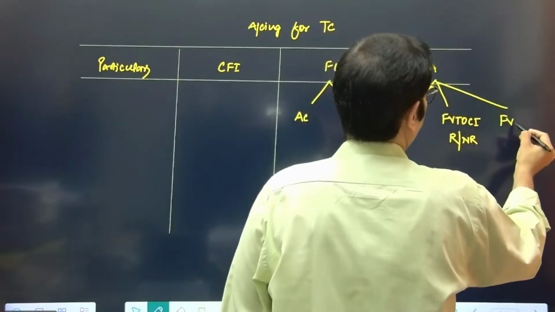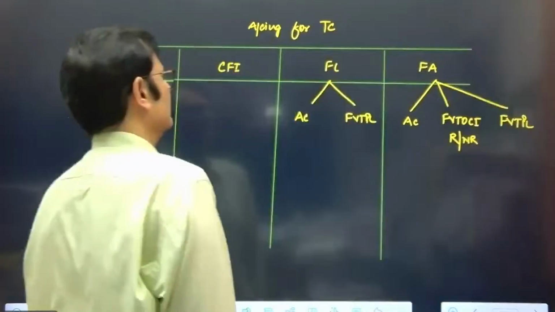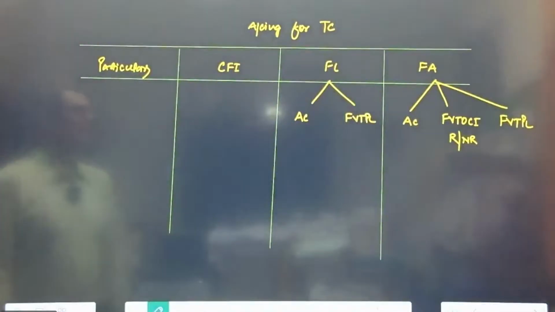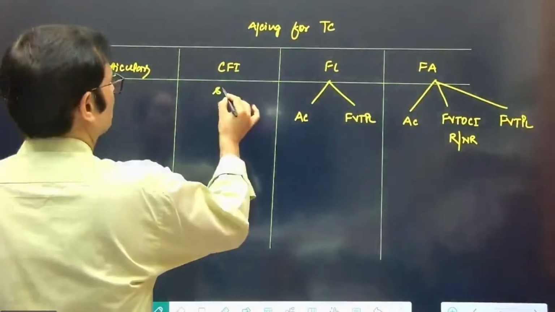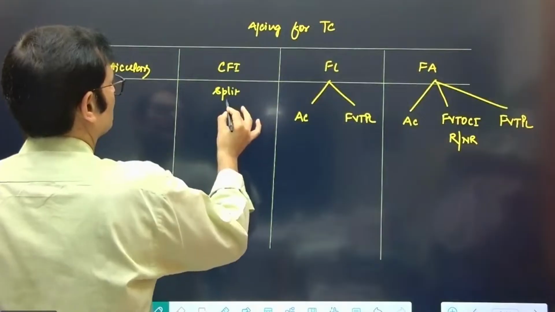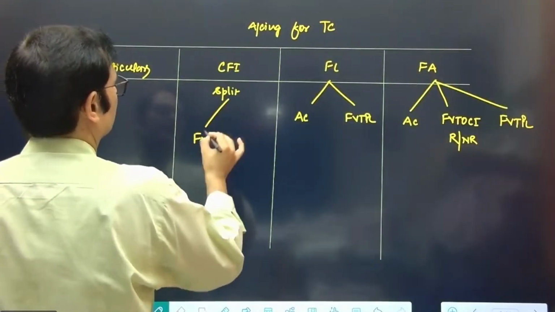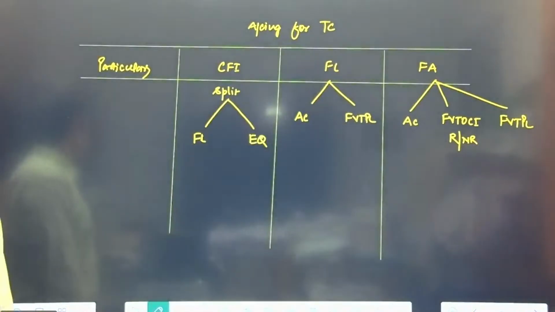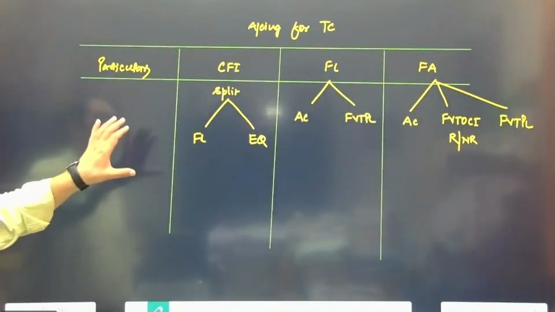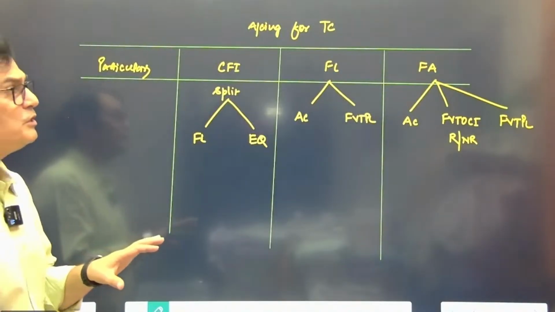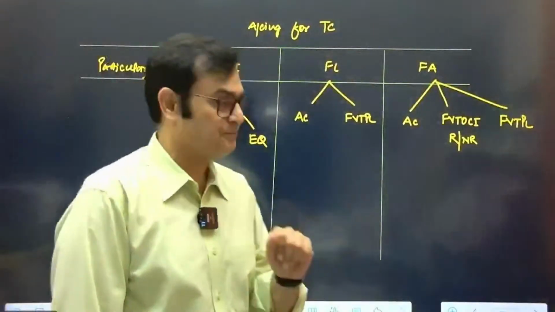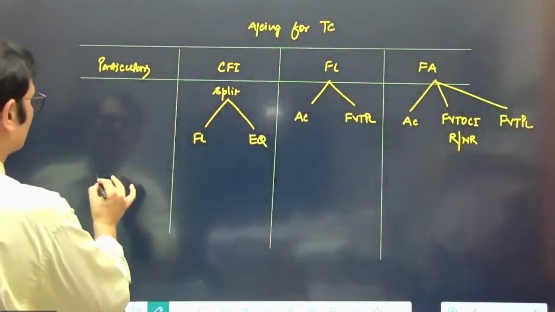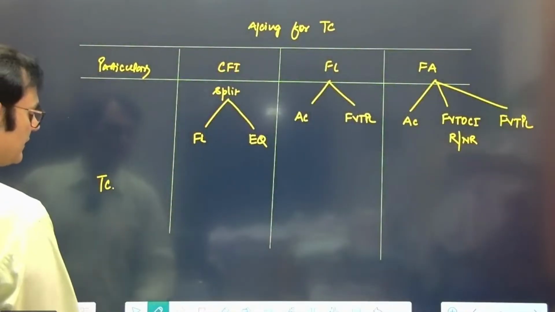And it could be FVTPL. And CFI, of course, is just one particular block, wherein you do a split accounting, splitting between the financial liability and the equity component. So let's make a summary chart on the accounting for TC in all these permutations and combinations. Let's see the role of transaction cost in this case.